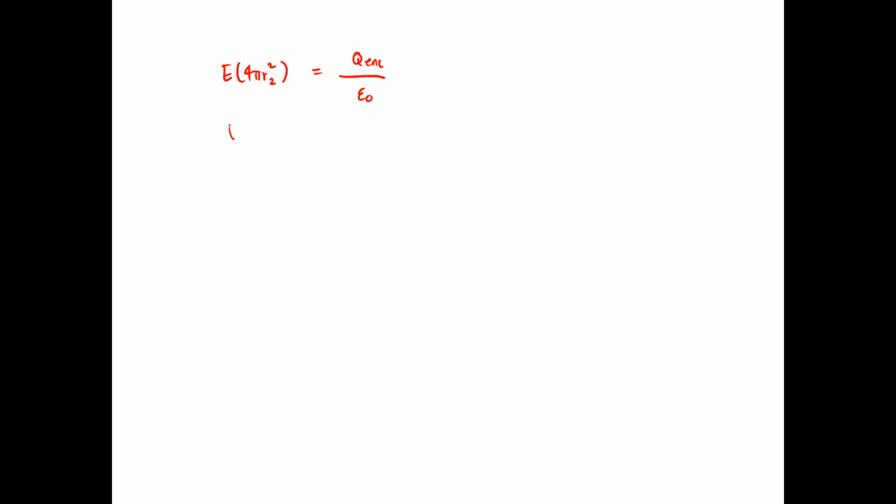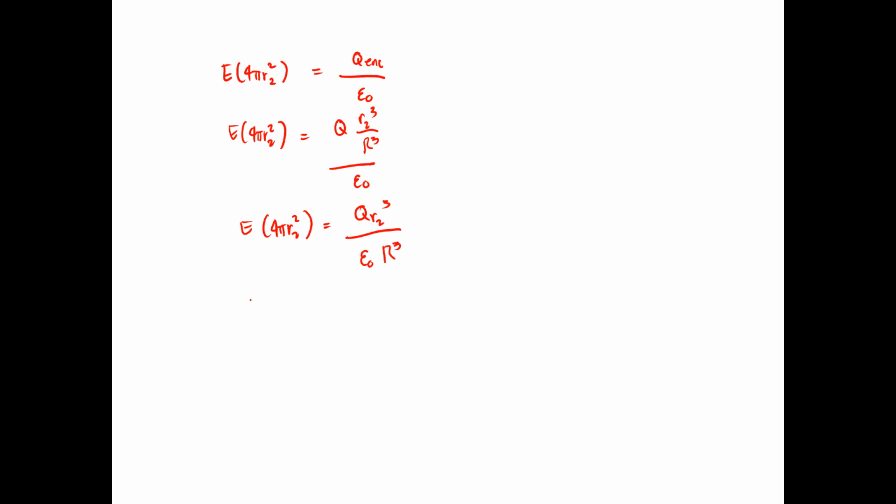So E multiplied by 4 pi R sub 2 squared is equal to Q multiplied by R sub 2 cubed over R cubed, divided by epsilon naught. Or we can simplify this as E multiplied by 4 pi R sub 2 squared equals Q R sub 2 cubed over epsilon naught R cubed.